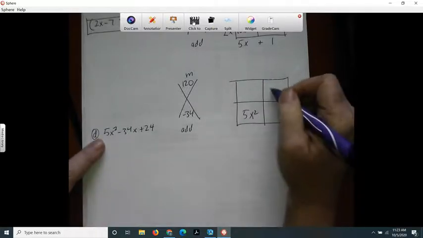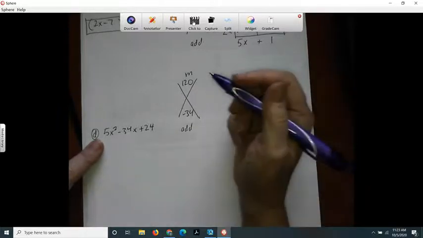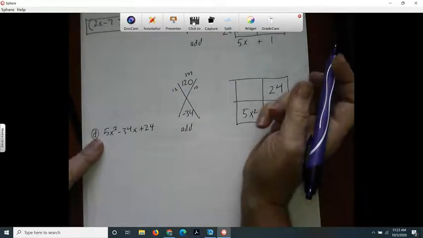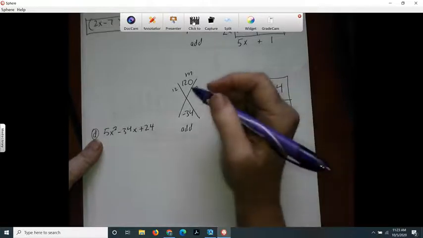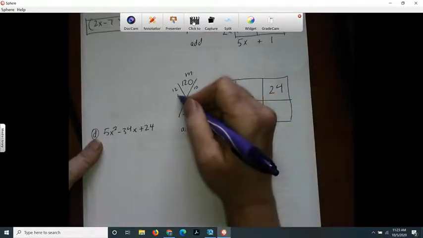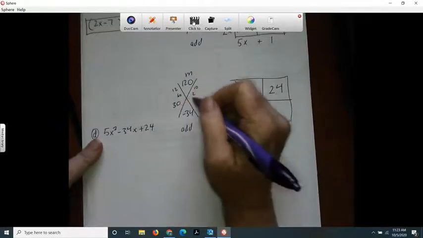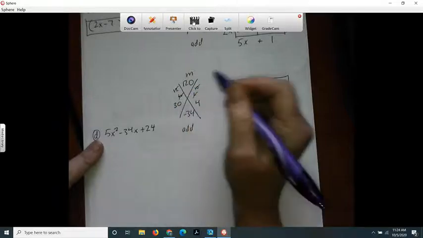So I'm trying to find the two numbers. I know 12 times 10 makes 120, but that won't work. 60 times 2, 30 times 4. 30 times 4 can work because 30 times 4 makes 120.